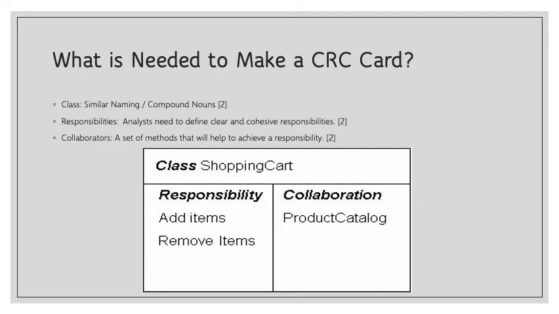So here we have product catalog, and a perfect pairing of responsibilities is add items from the product catalog or remove items with the shopping cart. As you can notice, the product catalog is only right for adding items, not removing items, because the product catalog helps to add items.